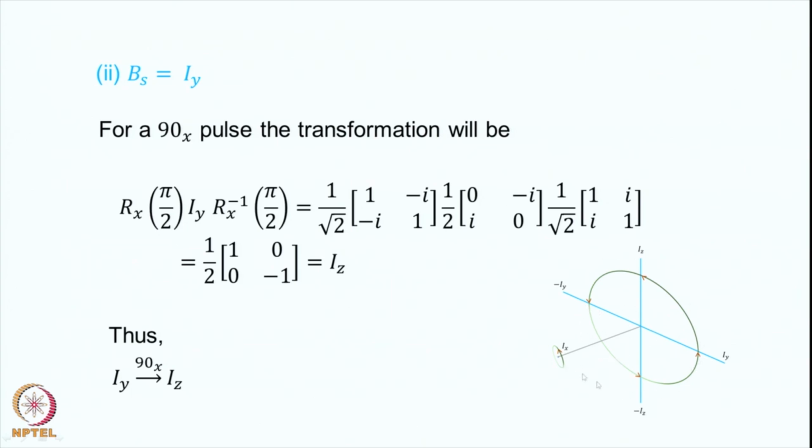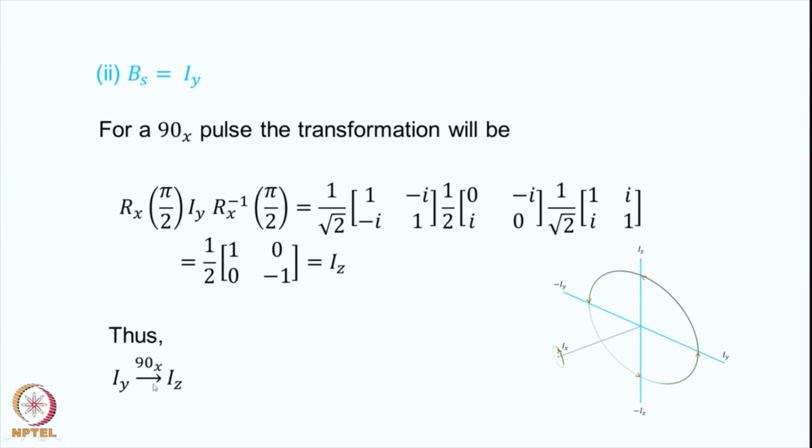Therefore these three operators form a rotation group, and one of them can be the basis operator, other one can be your Hamiltonian. In this case the operator is the Ix, the rotation is around this axis, and the basis operator is Iz or Iy. In the chemical shift case, this was the Hamiltonian, this was the operator, and the basis operators were here, and therefore one could go from Ix to Iy to minus Ix and so on and so forth.